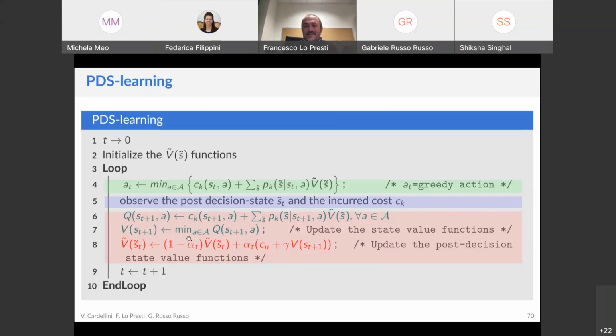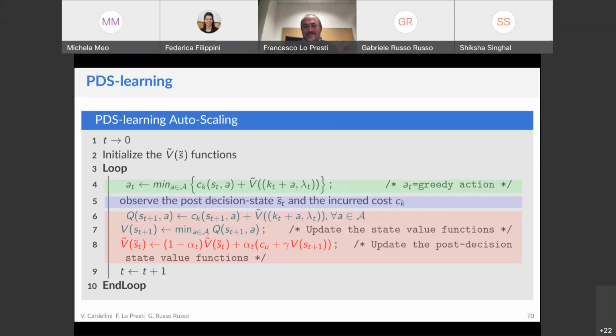Combining the two is still very simple. I have to update two functions rather than one. In our case it's even simpler because in our scaling the actions are deterministic. So these are the actual equations we implemented in the code.